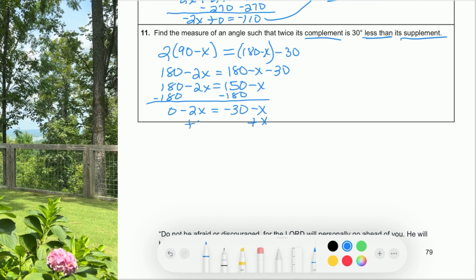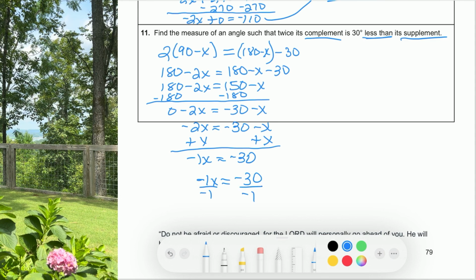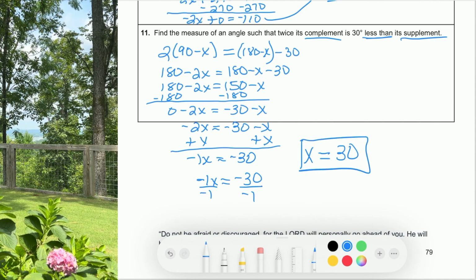Or here, before I do that, let me rewrite it. I forgot that part. So I have negative 2x equals negative 30 minus x. Okay, add my x to both sides. I get negative 1x equals negative 30. We can't leave our x negative, so we need to divide both sides by that negative 1. So our answer is x equals 30.